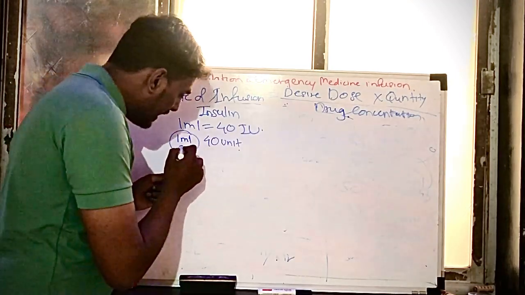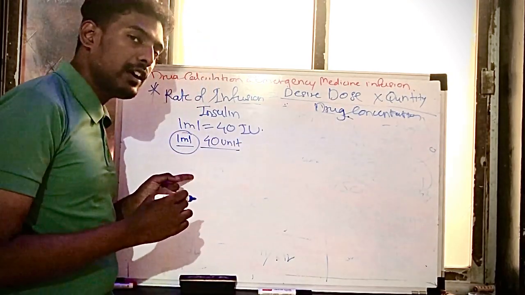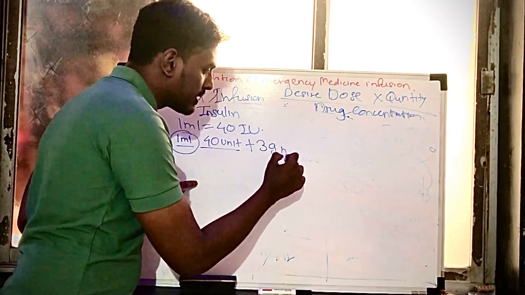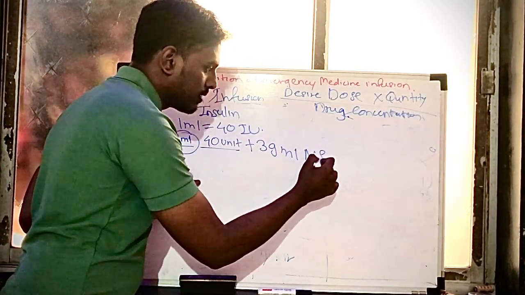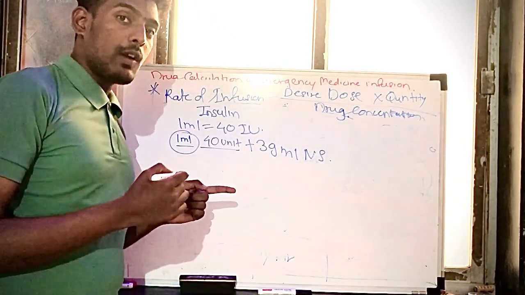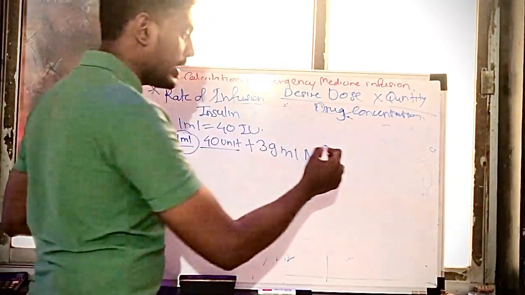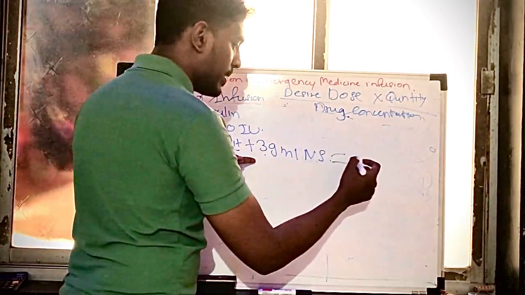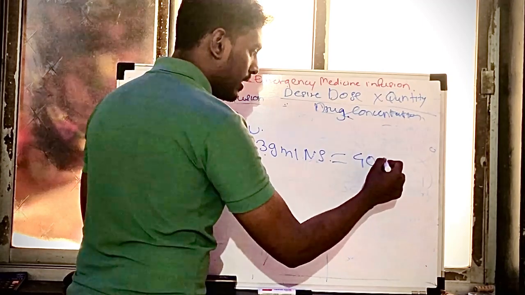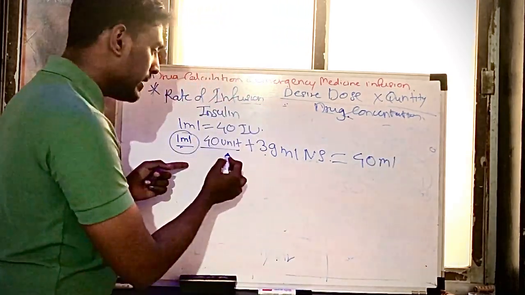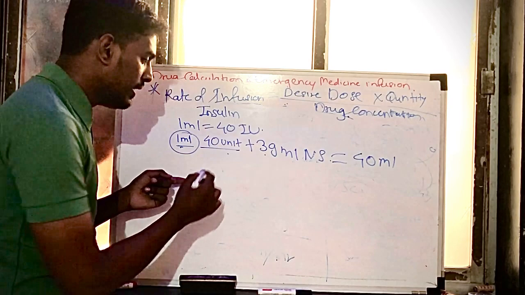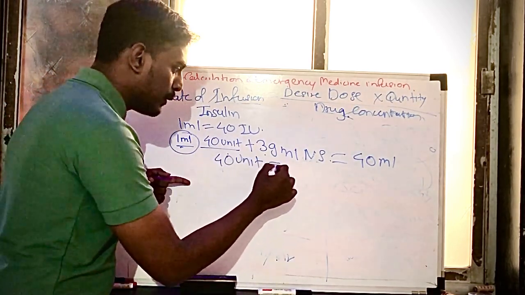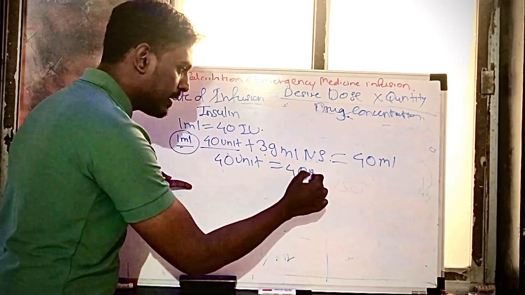Then add this 1 ml, 40 units of insulin, into 39 ml of NS. So how much is the total quantity we have now in our hand? This 1 ml plus this 39 ml, 40 ml. And how many units of insulin does this contain? 40 units. 40 units is equal to 40 ml.